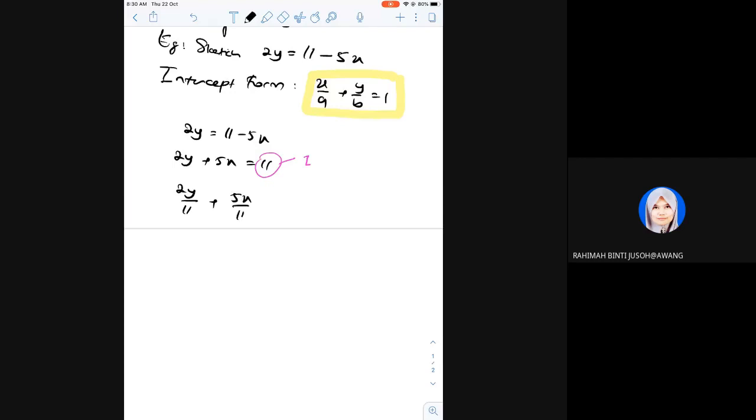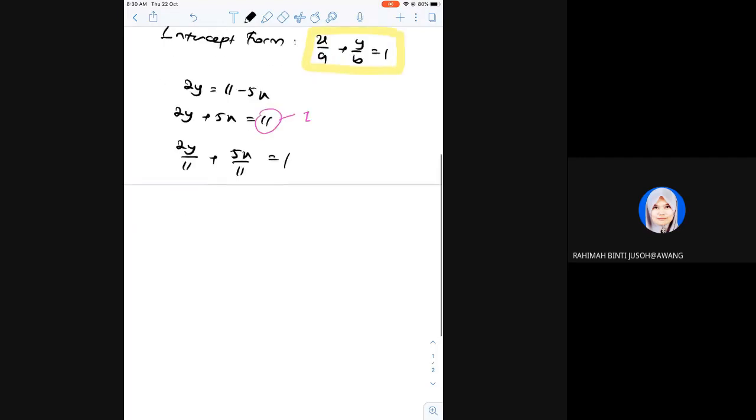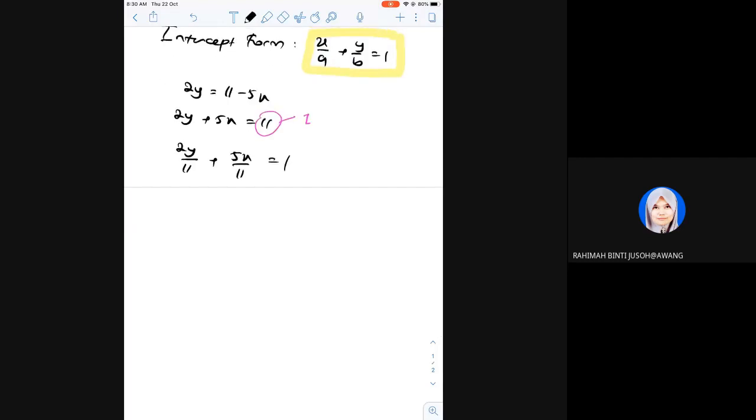Now, to ensure that this is intercept form, we need to make sure that the coefficient becomes the denominator. So we will have y over 11 over 2 plus x over 11 over 5 equals to 1. Did you understand this? It's just some manipulations on the coefficients.